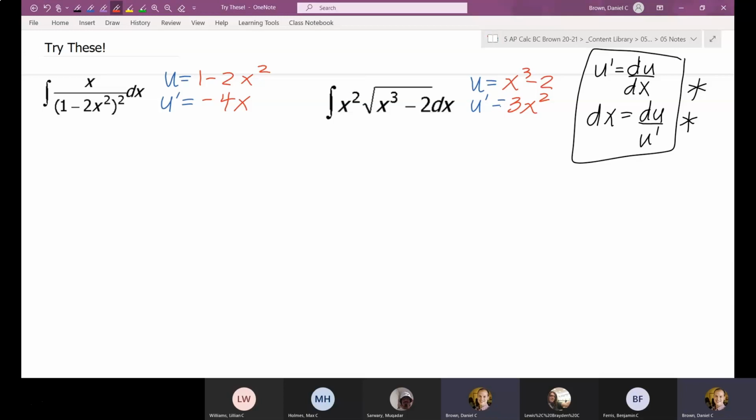It shows the correct u when either u prime is exactly in the problem or a constant multiple of u prime in the problem.